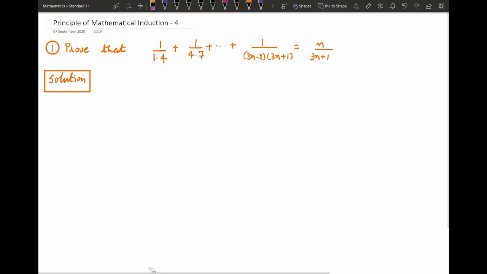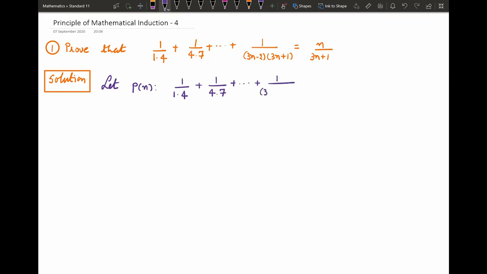So let P of n be: 1 upon 1 into 4 (not 1.4, 1 into 4) plus 1 upon 4 into 7 and so on up to 1 upon (3n minus 2) into (3n plus 1) equal to n upon 3n plus 1.